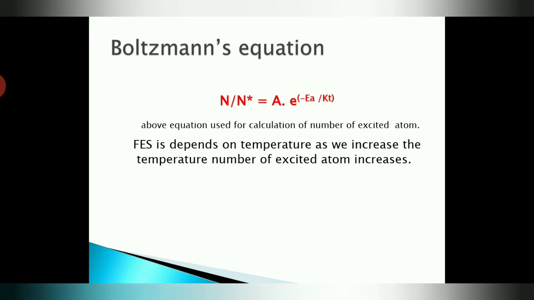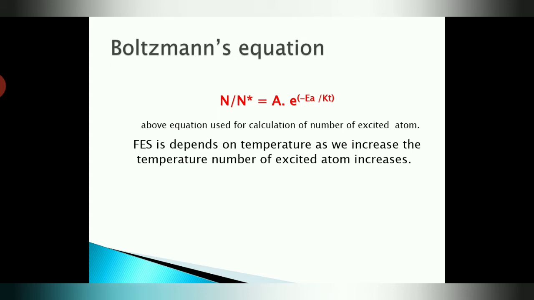N divided by N star equals A e raised to minus Ea divided by kT, where N is the number of atoms remaining in the ground state, while N star is the number of excited atoms, A is the constant for the particular element, Ea is the activation energy, that is the difference in energy of the two levels, k is the Boltzmann constant, and T is the temperature of the flame.